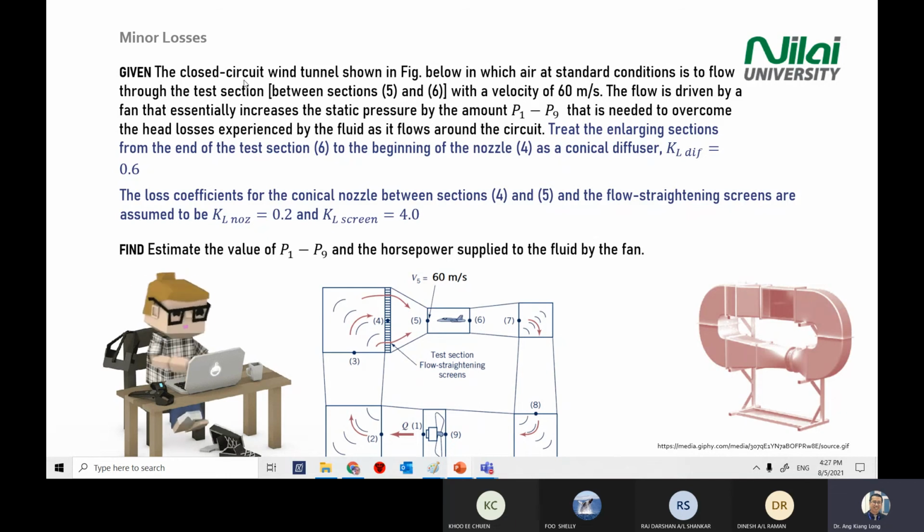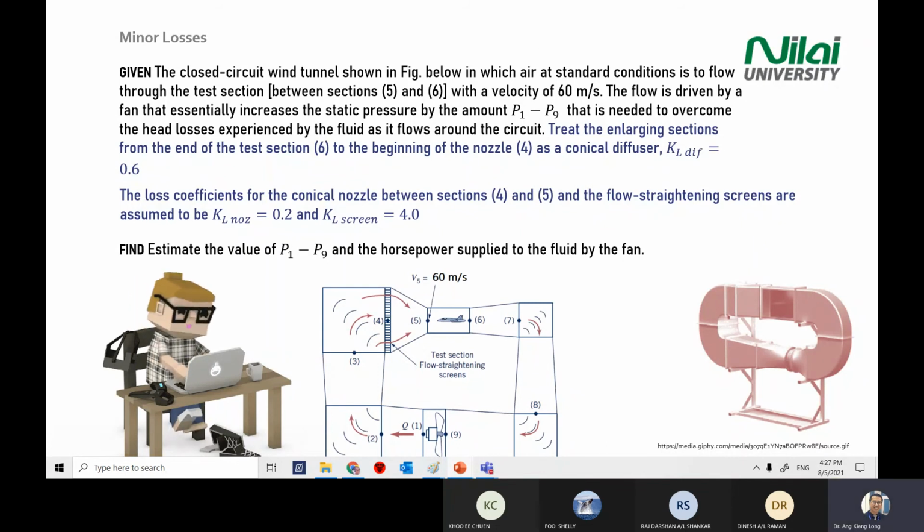We have a closed loop circuit wind tunnel, and the air is at standard condition. Now in the exam, we won't tell you the value of standard condition. We assume you already know what standard condition is. Standard condition means temperature 15 degrees Celsius, atmospheric pressure at 1 atm, or you can use 101 kilopascal for the pressure.